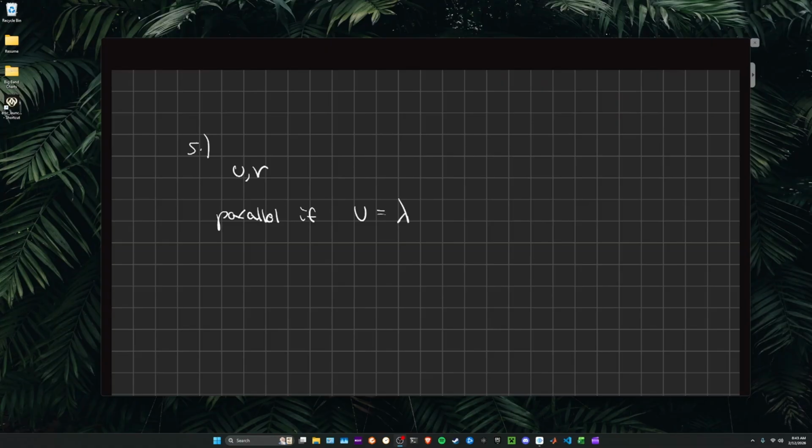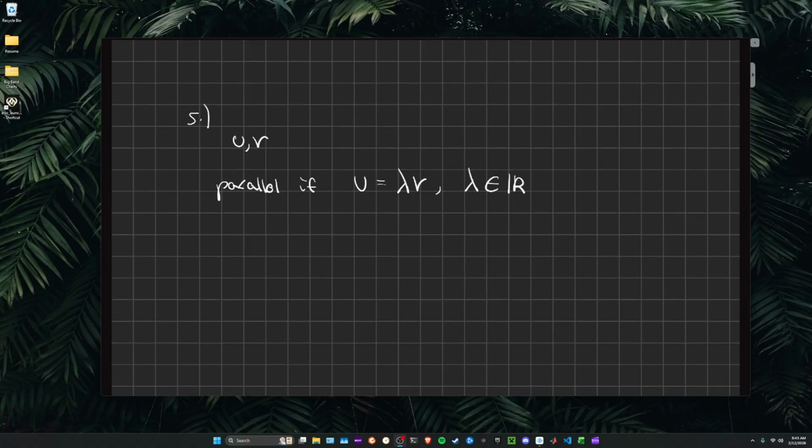So we could say like lambda v. So lambda here would just be some real number, some scalar. So u and v are parallel if the only thing they differ by is their length, essentially. So they're going in the same direction maybe, or they could be going in a different direction depending on the sign of the scalar, but they can be different lengths as long as they don't intersect.